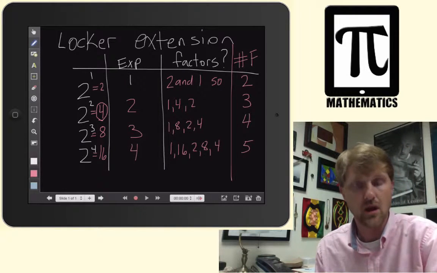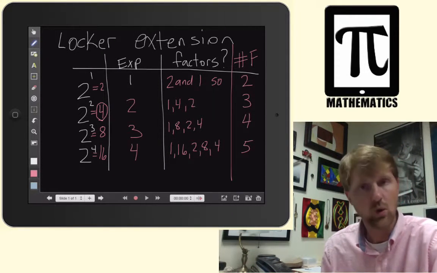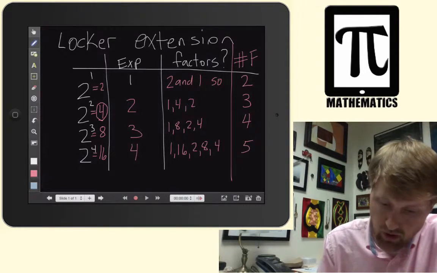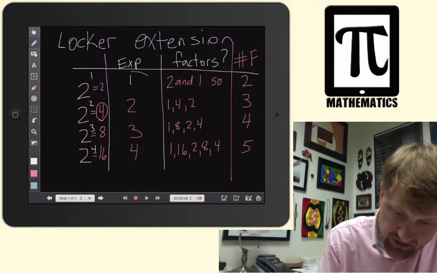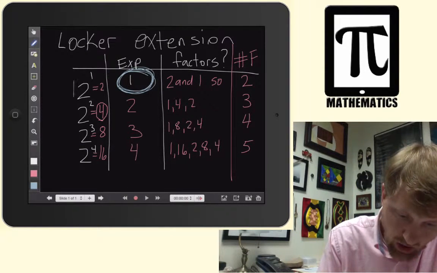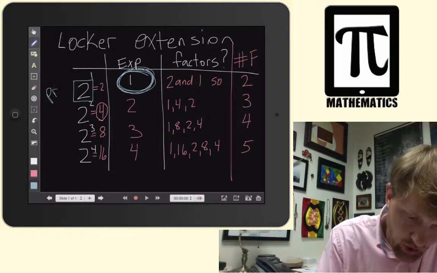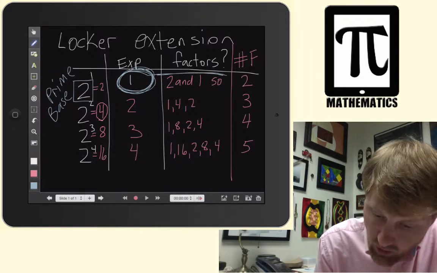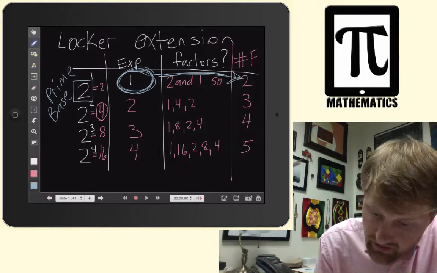Okay. What do we see here? What kind of patterns do we recognize? One of the patterns that we want to understand is, given the exponent of that prime base, how does that get you the number of factors?